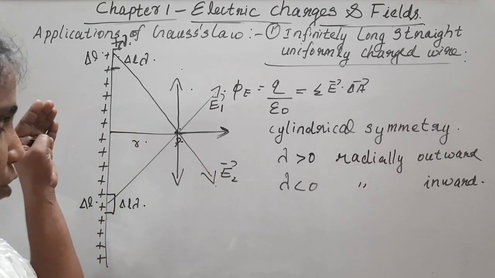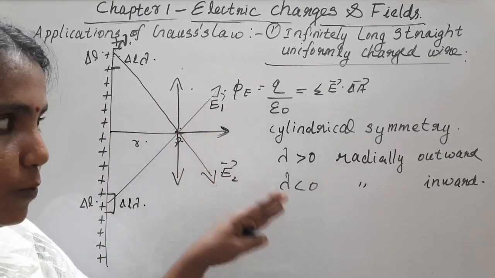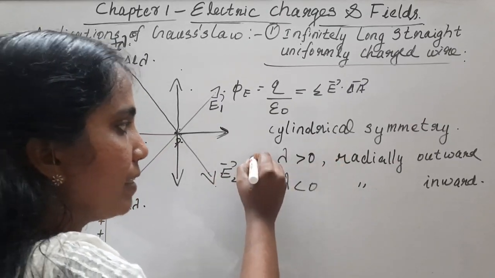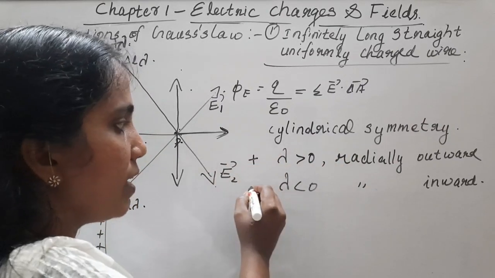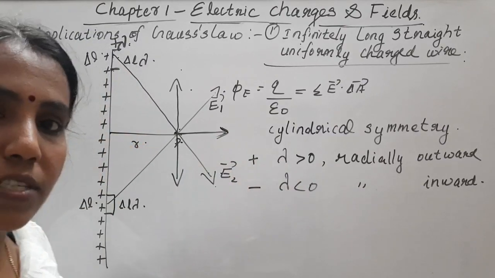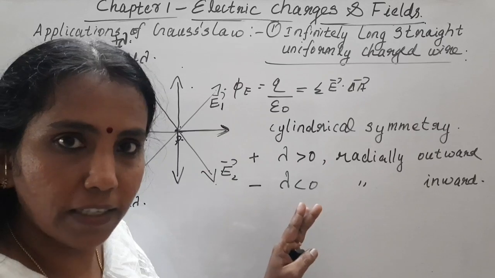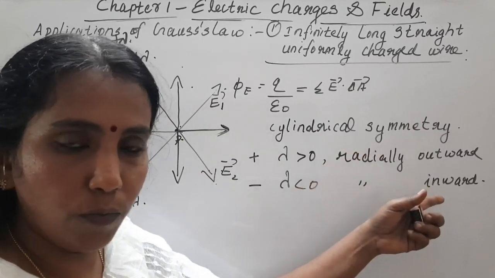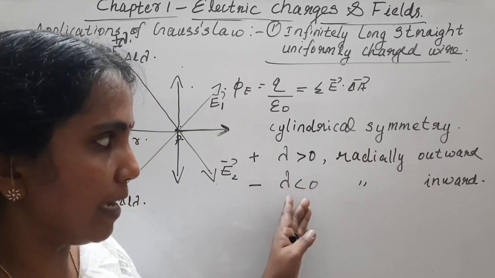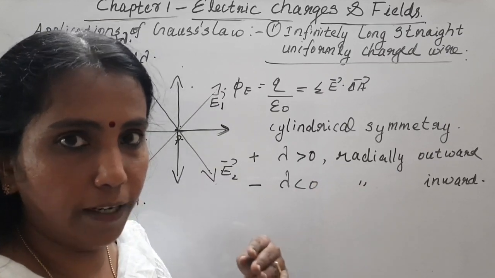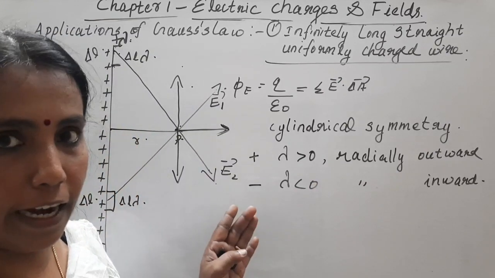So, with respect to the wire, that direction is specified this way. Lambda greater than 0 means positive charge and lambda less than 0 means negative charge. So, if lambda is greater than 0, the direction of the electric field will be radially outward, and if lambda is less than 0, the direction of the electric field will be radially inward. So, this is about the direction.